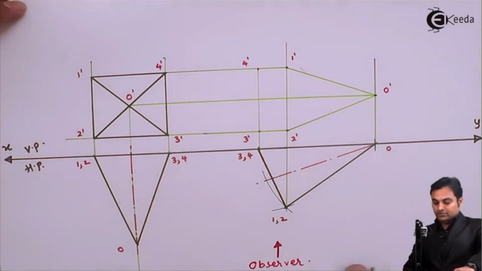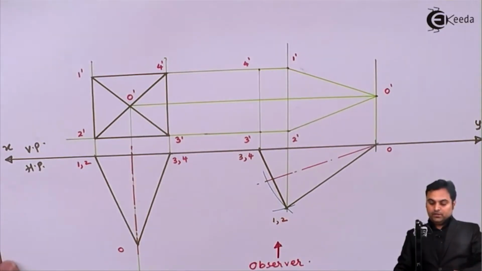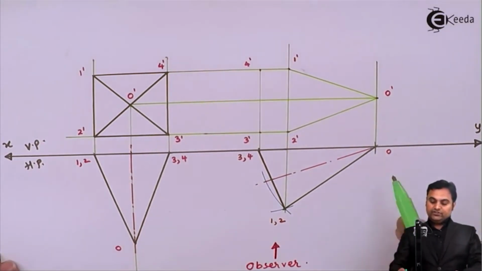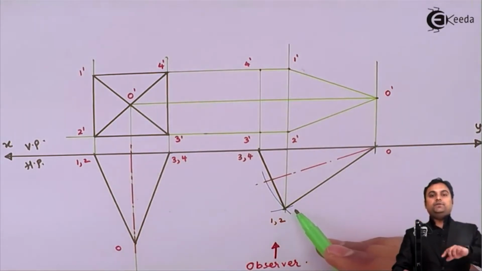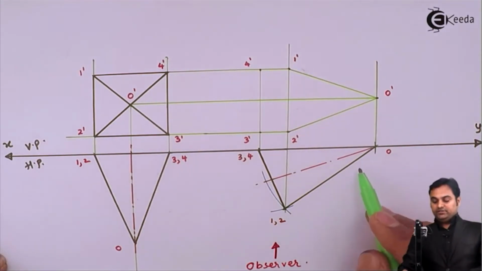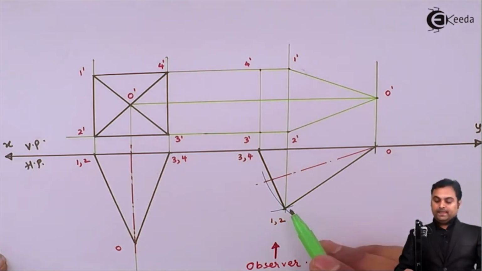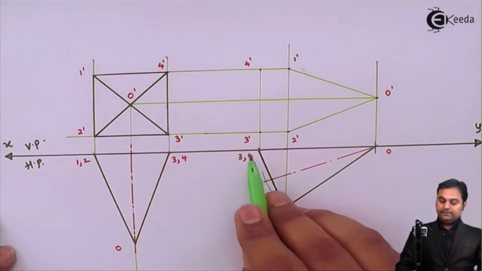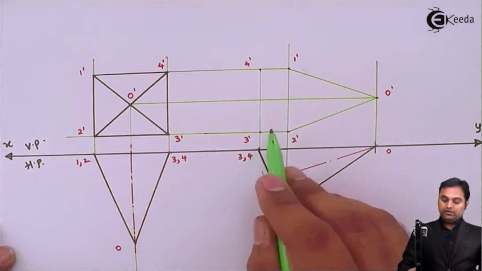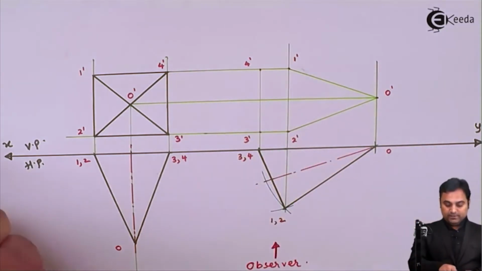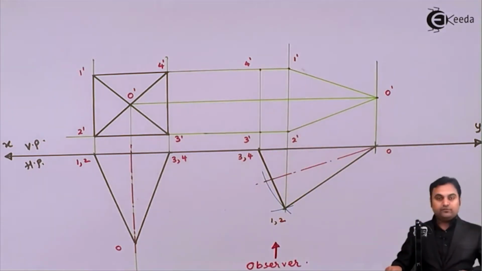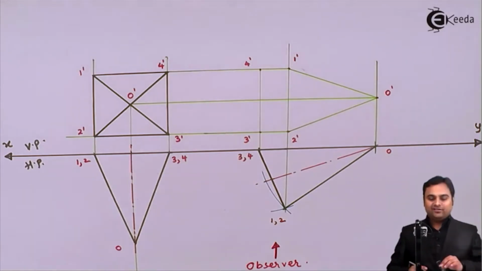Now, as the observer is here, the triangular face which is O12, which appears as a line here, this triangular face will be visible. At the same time, this complete base which is 1, 2, 3, 4 will also be visible, and also that is forming a part of the outline, so it needs to be drawn dark.